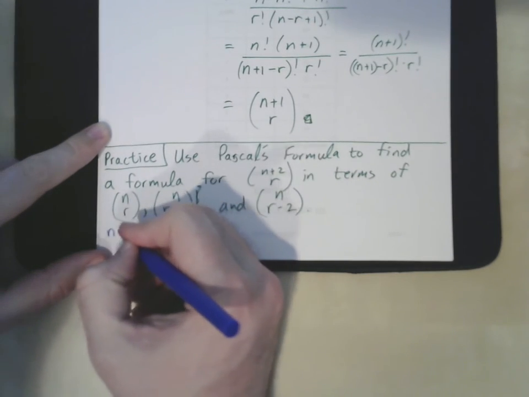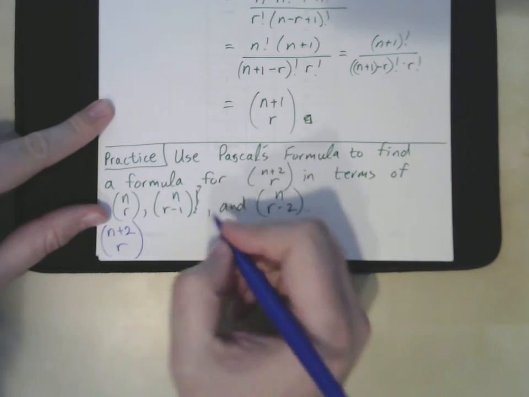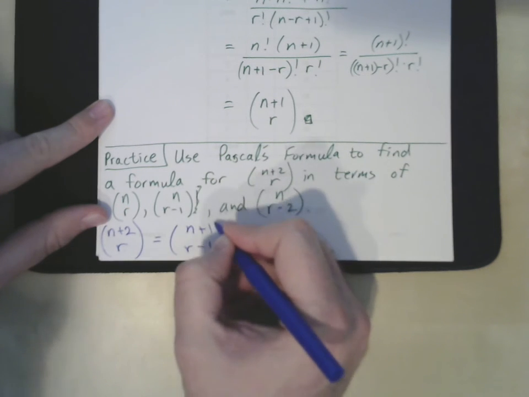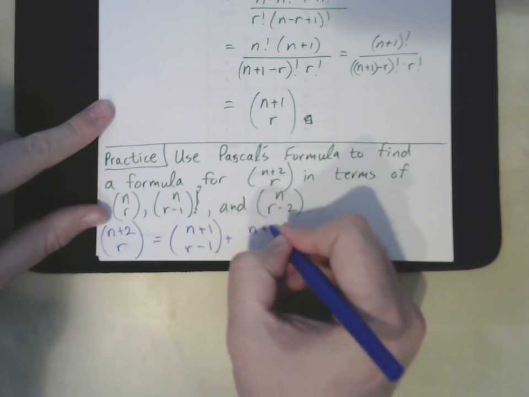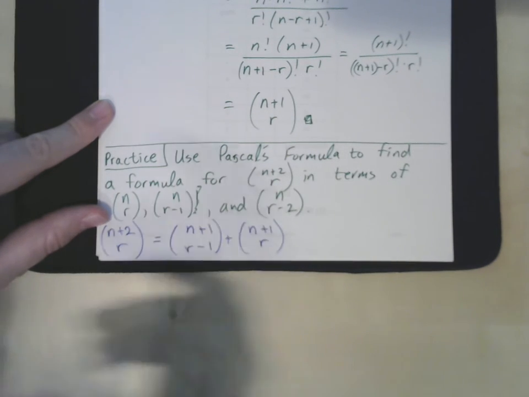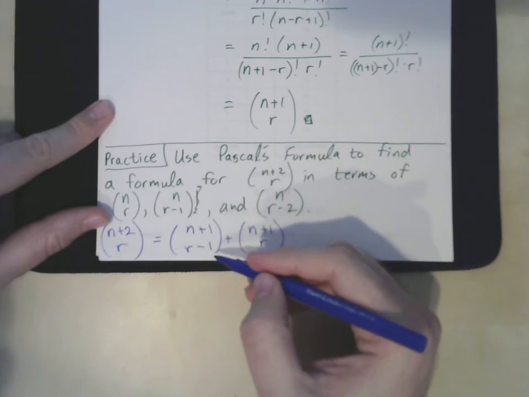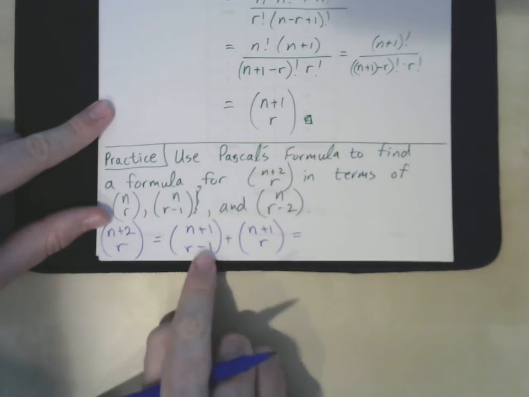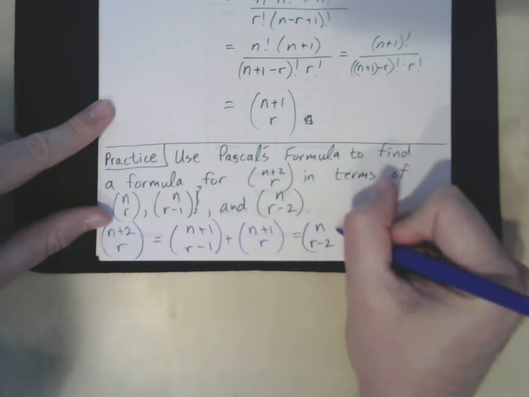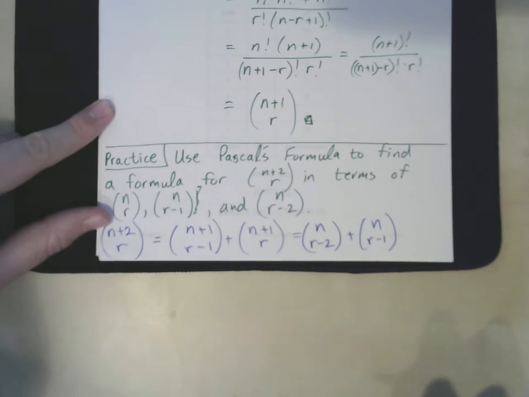So n plus 2 choose r by Pascal's formula is equal to n plus 1 choose r minus 1 plus n plus 1 choose r. But n plus 1 choose r minus 1, applying Pascal's formula to this, is n choose r minus 2 plus n choose r minus 1.